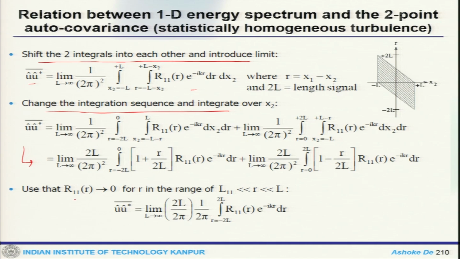And if R11 tends to 0 for R in this range, this will become a scale like that. So that pretty much gives you an idea about scales, spectra, how to calculate them, and a basic example of statistically homogeneous turbulence, which we have looked at.